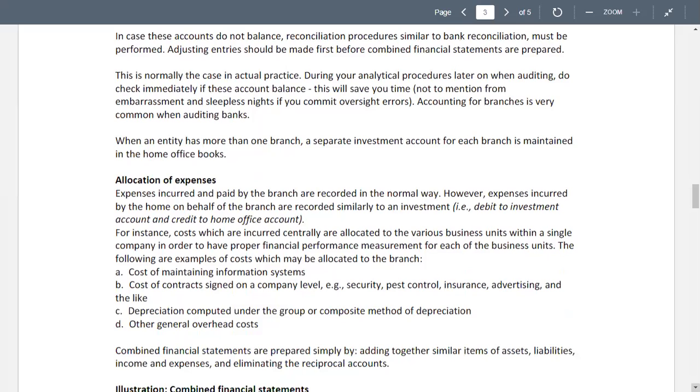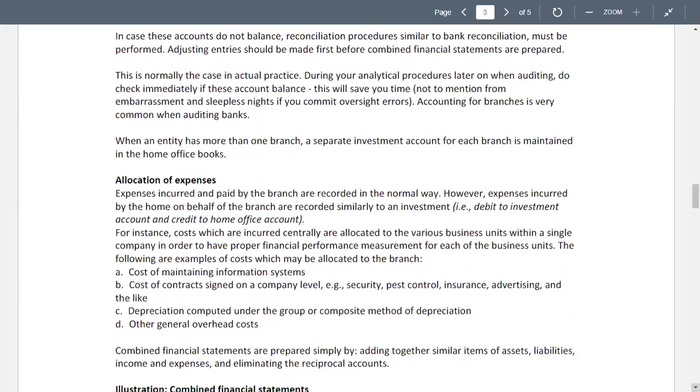A, cost of maintaining information systems. B, costs of contracts signed on a company level, such as security, pest control, insurance, advertising, and the like. C, depreciation computed under the group or composite method of depreciation and other general overhead costs.